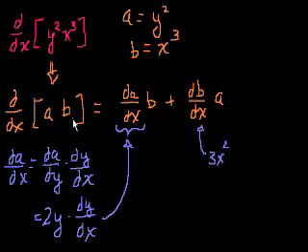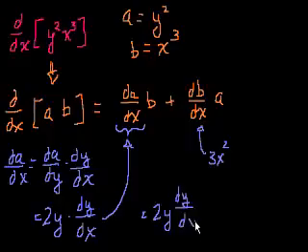The final answer is the derivative, with respect to x, of y squared x to the third is equal to the derivative of a with respect to x, or you could view that as the derivative of y squared with respect to x, which is 2y dy dx. Right? You could say this is the derivative of a with respect to x, or the derivative of y squared with respect to x.